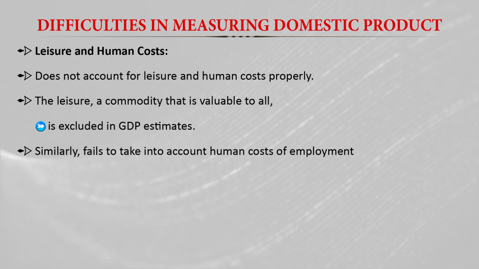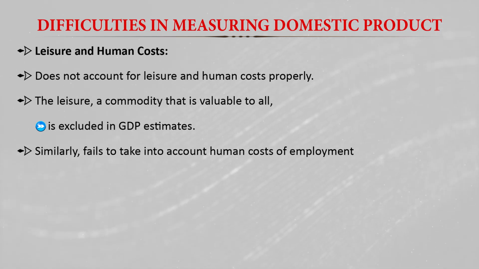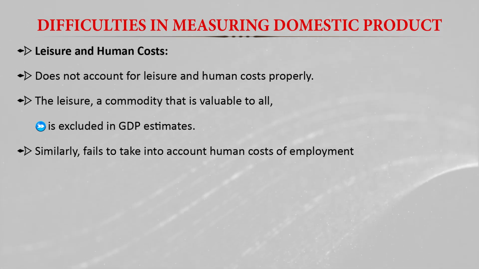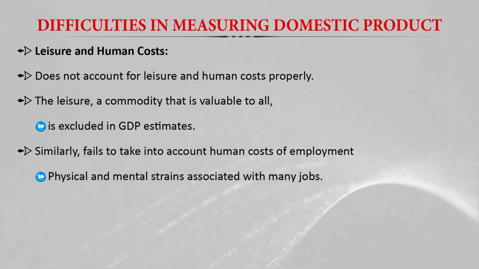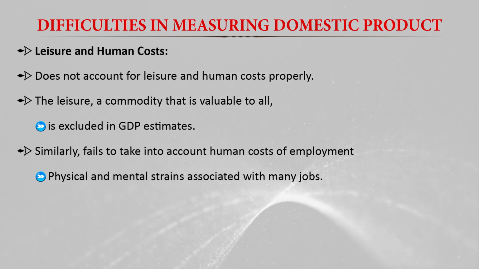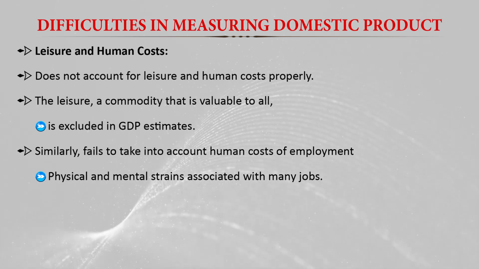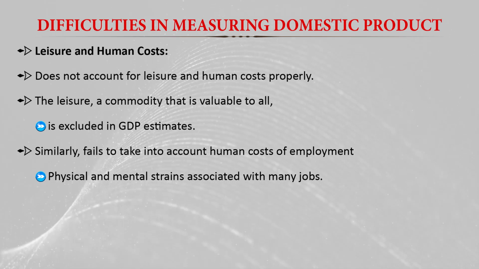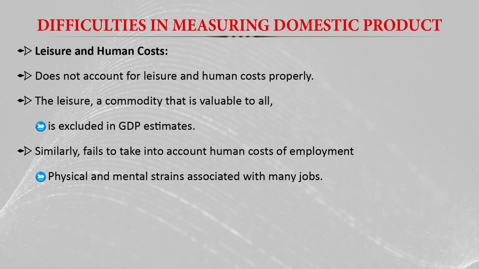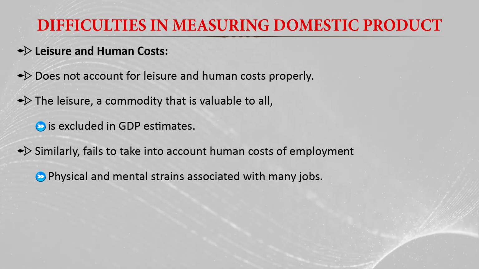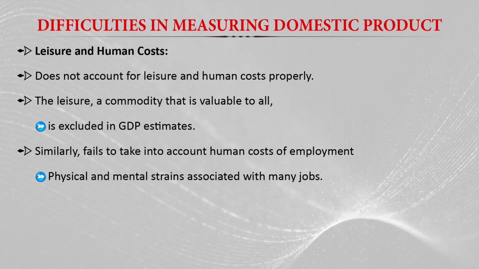Similarly, we fail to take into account the human cost of employment. We have a lot of physical and mental strain during the job, or during the production activity, or during managing a production unit. For that, there is no cost or value accounted in the national GDP.